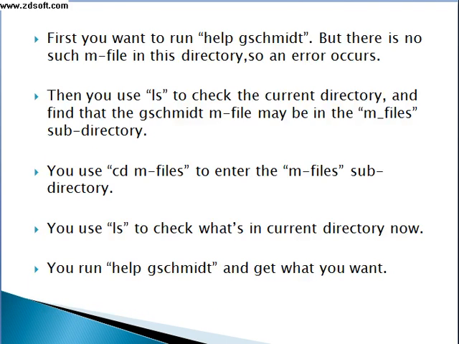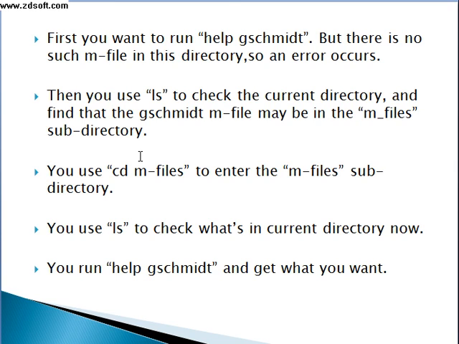Now first you want to run help gsg that I did. But there is no such M file in this directory, so the error occurs. For that you have to use the command ls to check the current directory and find that this file, that is the gs M file, may be in the M files subdirectory.